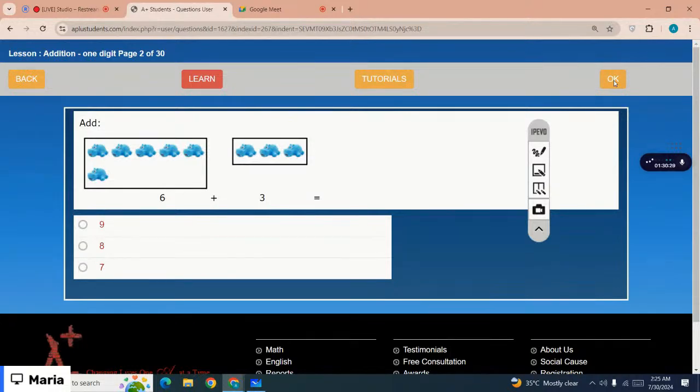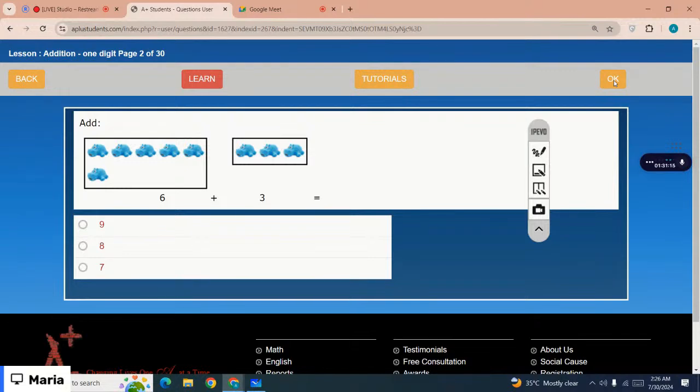Add 6 plus 3. So which is the correct option? Yes, that is 6, 7, 8, 9.